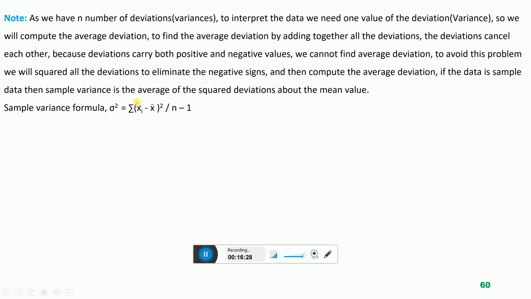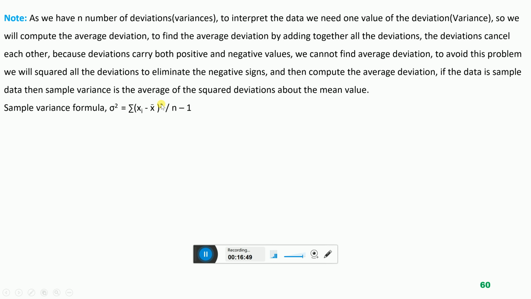And now this is very clear from this formula. Sample variance formula, sigma square is equal to summation xi minus x bar whole square. So I am adding together the squared deviations, students. Keep in mind, this is not the original measurement unit. I am squaring the deviations. Why?